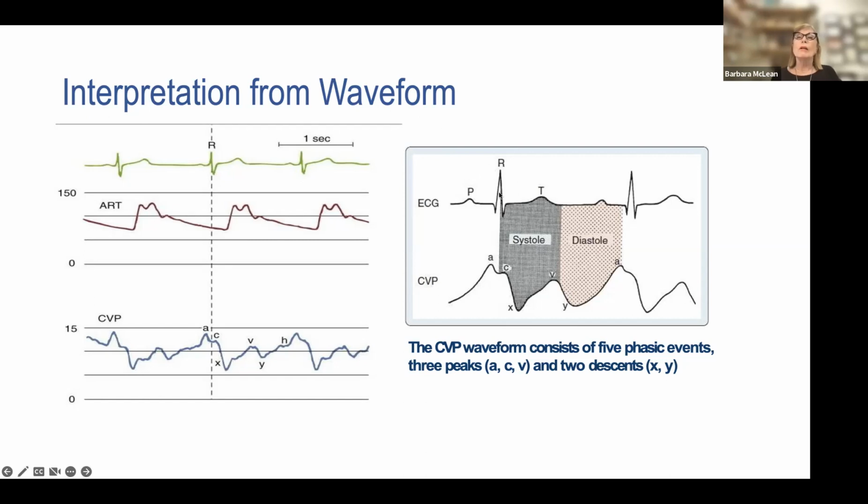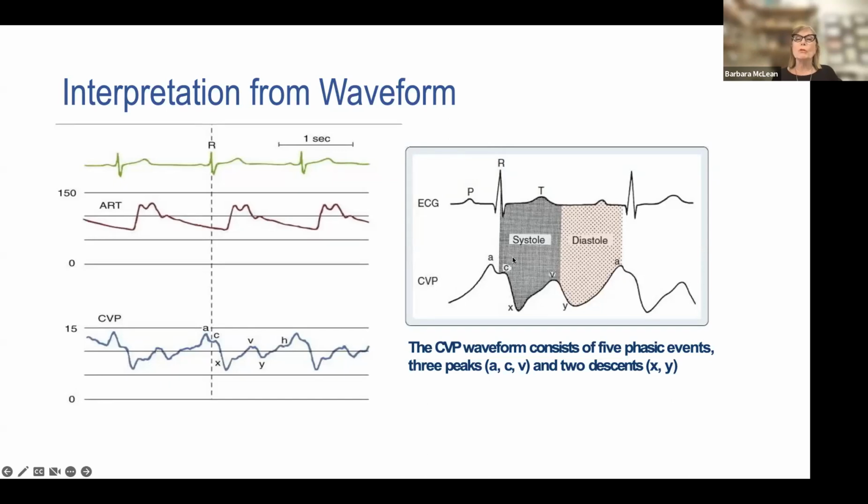The electrical event, the QRS of ventricular depolarization, is associated with an increased pressure in the ventricle and a reduced pressure in the atria. In the case of the CVP, that causes the closure of the tricuspid valve. That's known as the C wave. So it's not hard. A wave, atrial contraction.